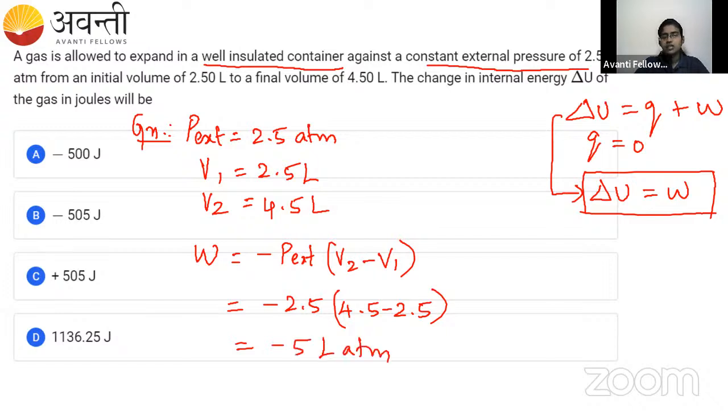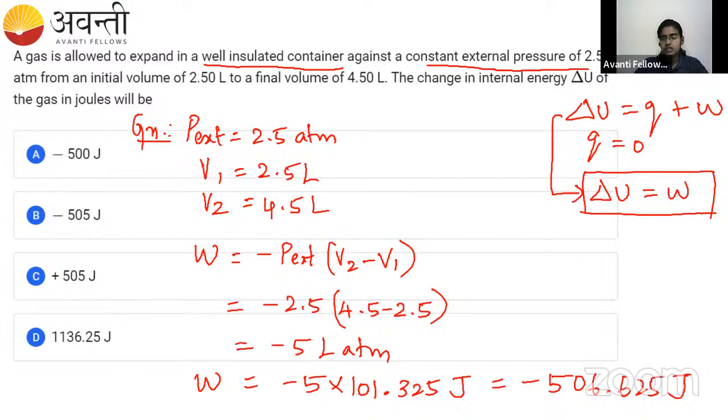Now to convert this liter atmosphere to joule, what do I have to do? I have to multiply this by the number 101.325 joule. Okay. So it is going to be equal to minus 506.625 joule.